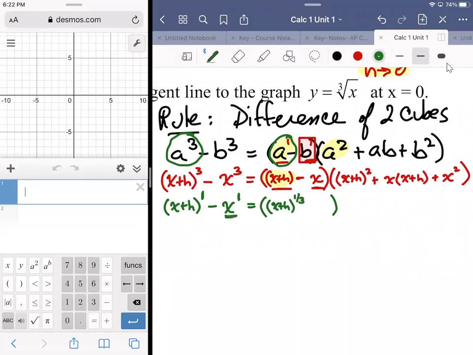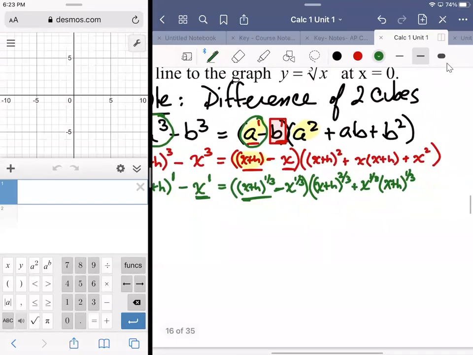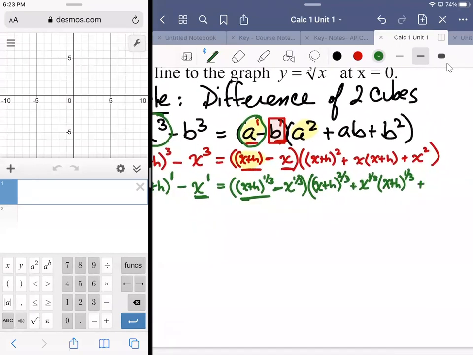Right? I'd also get, for this one, an x to the 1/3 power. And then using the same relationship where I square this one, x plus h would be raised to the 2/3 power. Then I would have, this is going to be ugly, but x to the 1/3, x plus h to the 1/3. I missed the minus along the way. And then finally, x plus h, x to the 2/3 power.